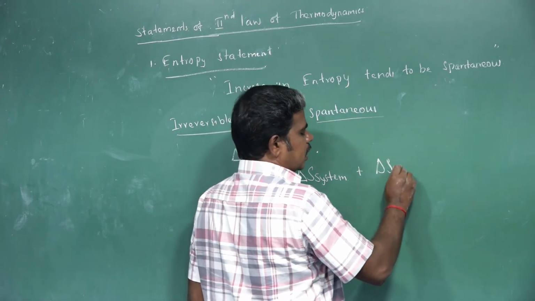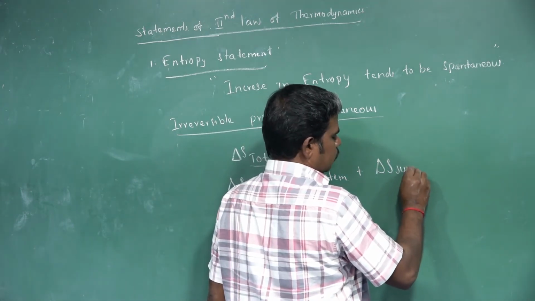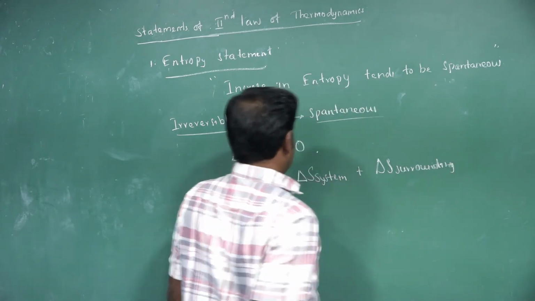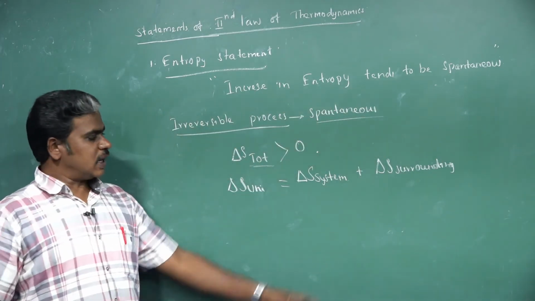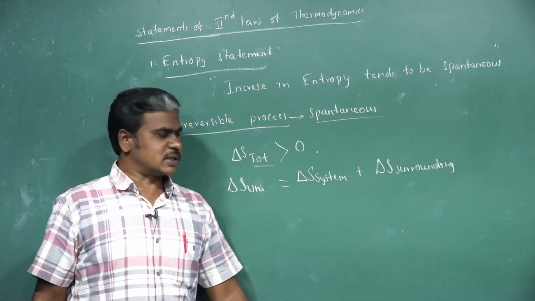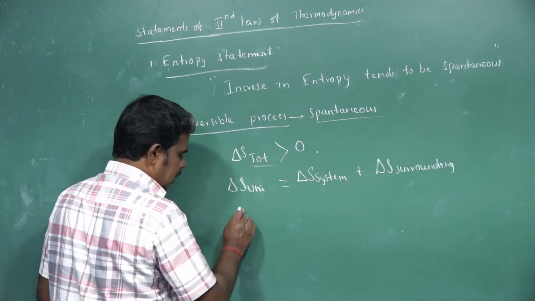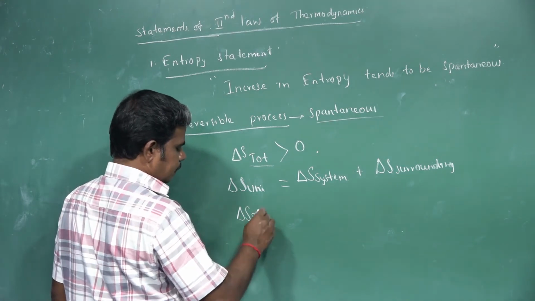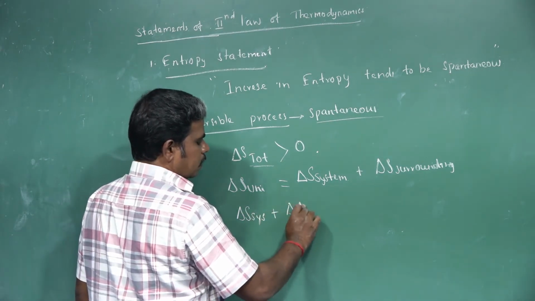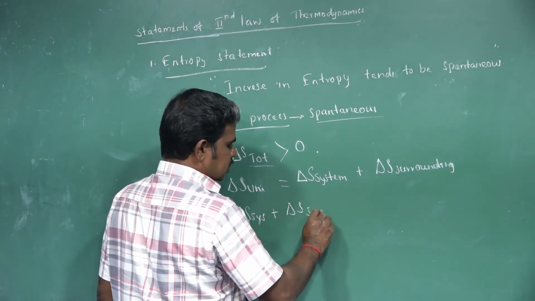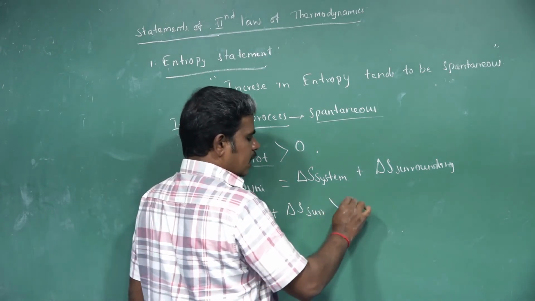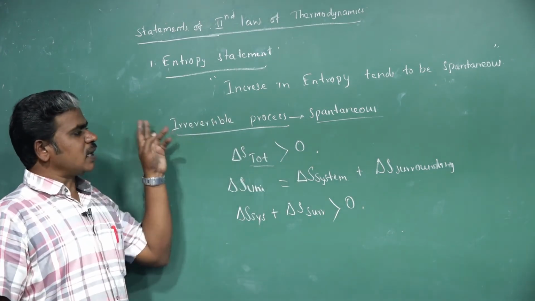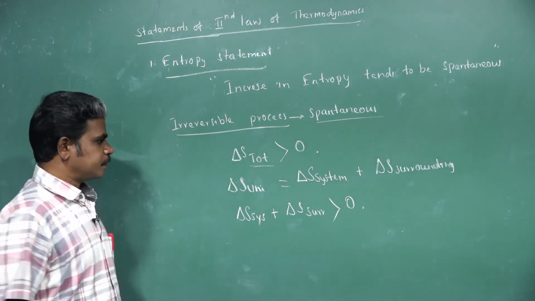Delta S universe is nothing but delta S system plus delta S surrounding. If delta S system plus delta S surrounding is greater than 0, then it is a spontaneous process.